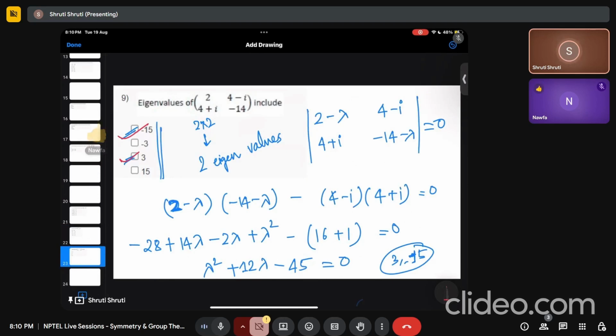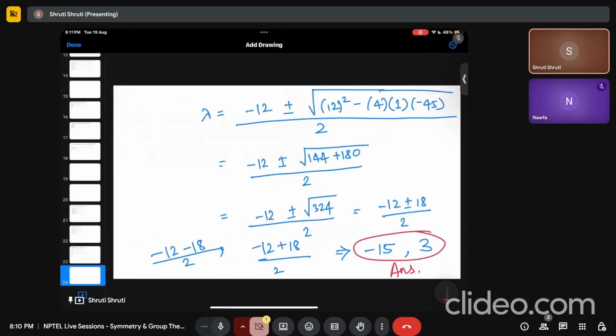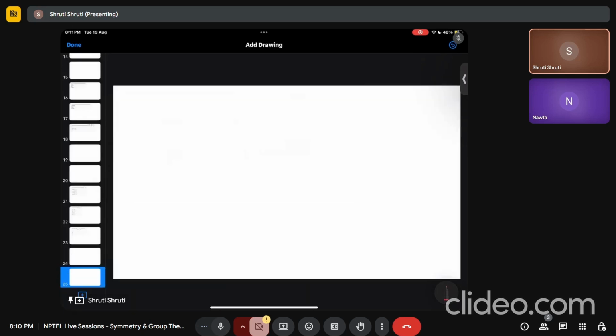And then how will you write the corresponding eigenvectors? Is it A x equals lambda x or something?